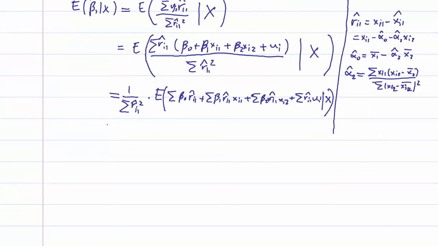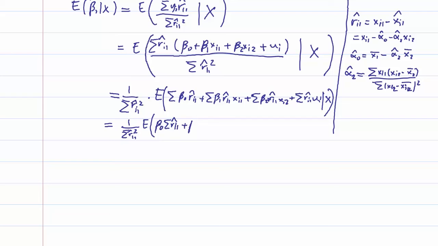So I'm going to get some of the betas out here. So here we still have in front 1 over the sum of the ri1 hat squared. Then I have the expectation of beta 0, which is a constant. I get it out of the sum of ri1 hat.